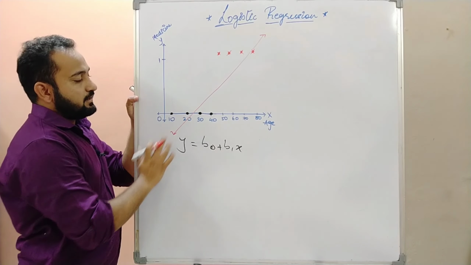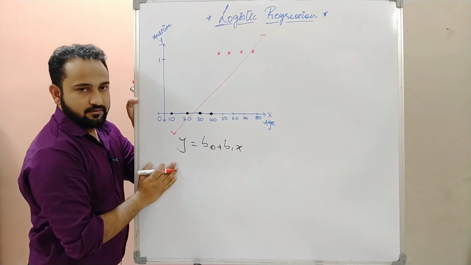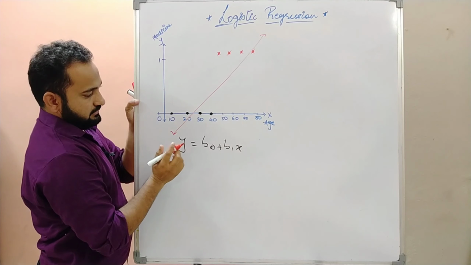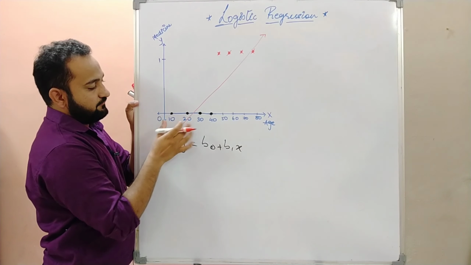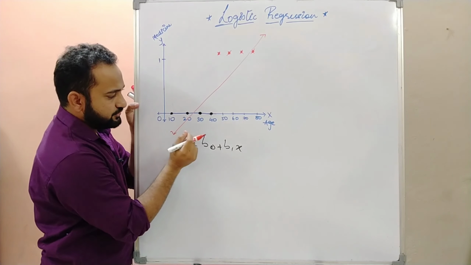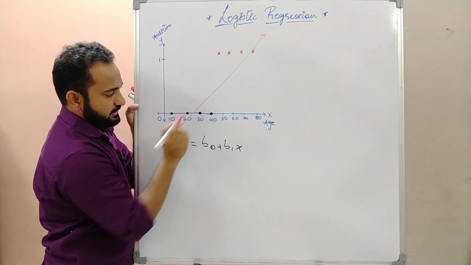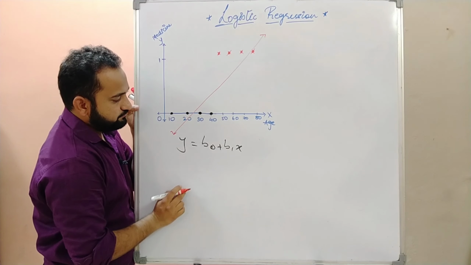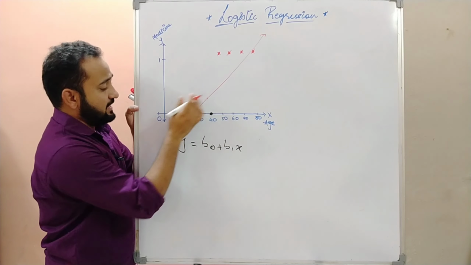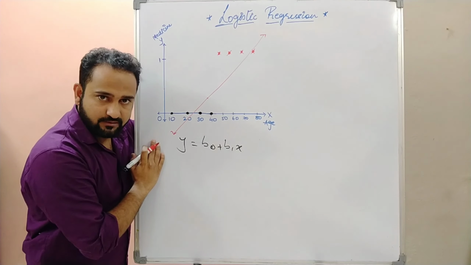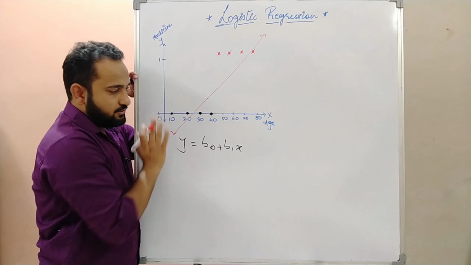If you see, according to this line, if I'm finding the probability at the age, for example 25, the value will be somewhere here, right? For 35, the value will be somewhere here. The value will be in between 0 and 1.